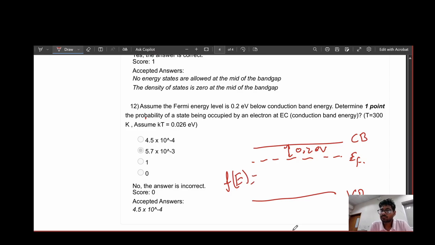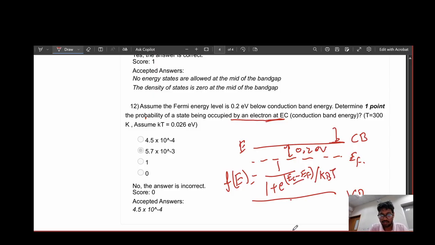So 1 over 1 plus e raised to power (EC minus EF) by kT. It is asking about being occupied at the conduction band at this position. This is the E. So just put in 0.2.